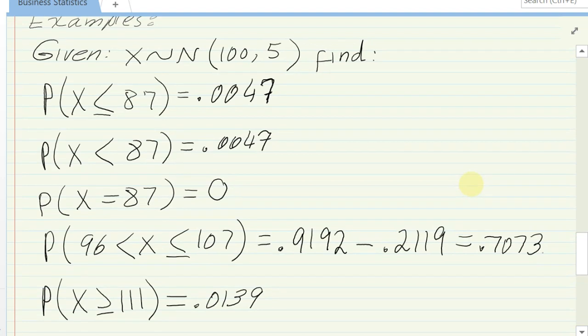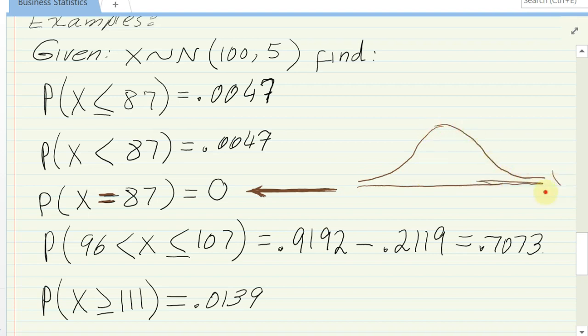Now, one thing to note, I want to point this one out. For any continuous probability distribution, the probability of exactly equal to a number is going to be 0. We don't need software for that. The reason is that when you try to find the area under the curve, let's say here's my normal distribution, suppose this is x, here's the center 100, and here's 87.